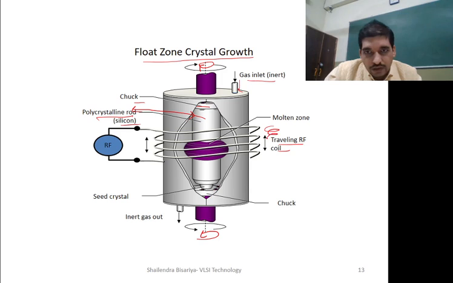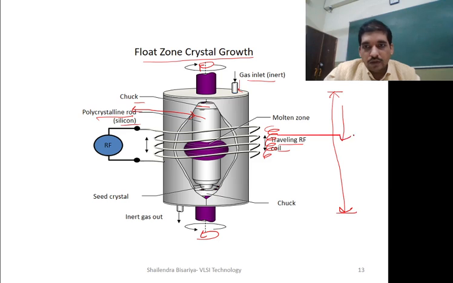This rounded structure is your traveling RF coil, which is traveling from upper to lower and lower to upper side, top to bottom or maybe bottom to top. I will tell you which direction. Okay, and the seed crystal is connected here. And see the molten zone. Inert gas will come out from this.